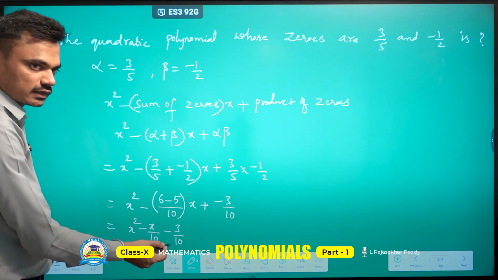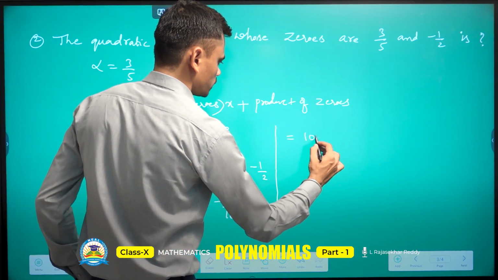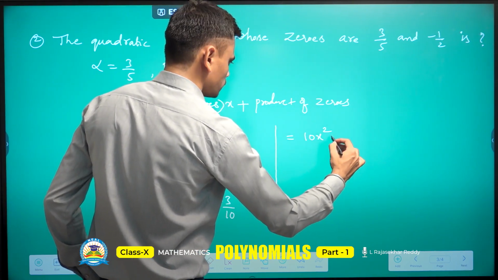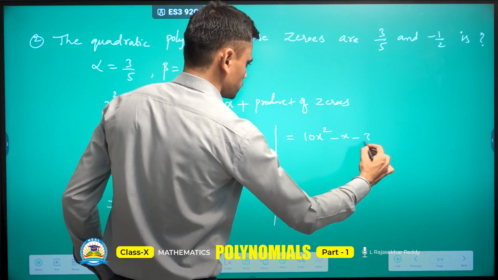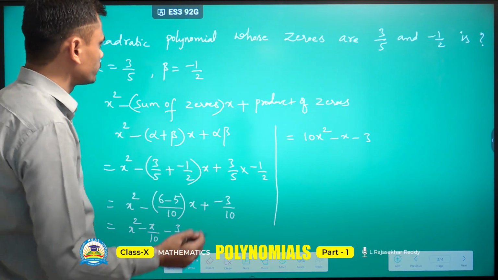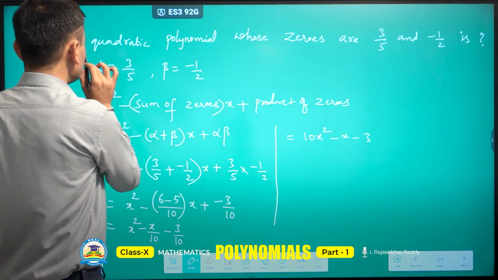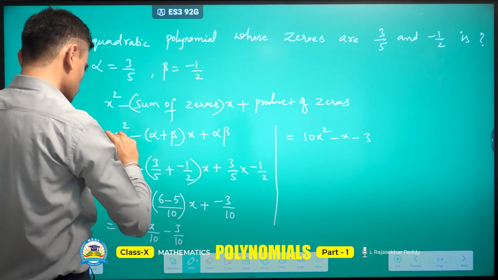So here the denominator is 10. Multiply the complete quadratic polynomial by 10. You get 10x square minus x minus 3. So this is the required quadratic polynomial. Whenever they give some zeros, we need to write the quadratic polynomial by using this condition.